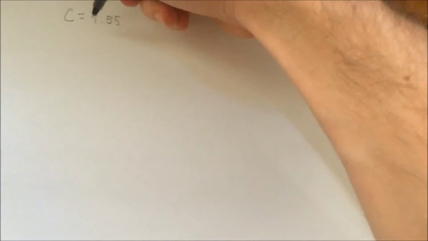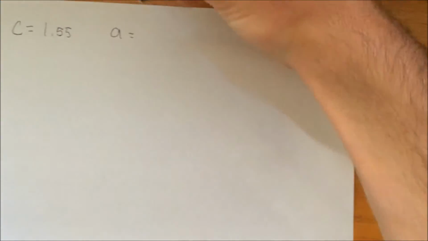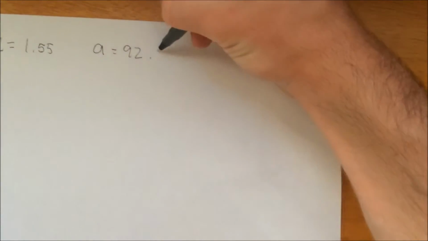For our last method, we will be using a combination of algebra and technology, our computer to be specific. So, with the values we already know, we will create a formula for the ellipse. We have our C value, which is C equals 1.55, and we have our A value, which is 92.95.